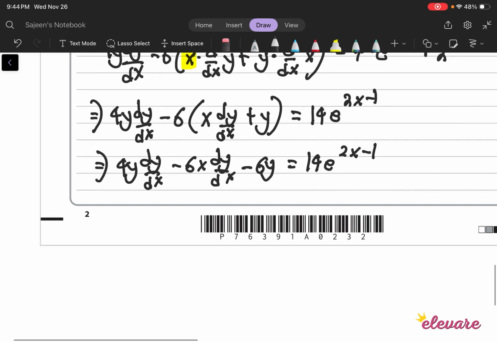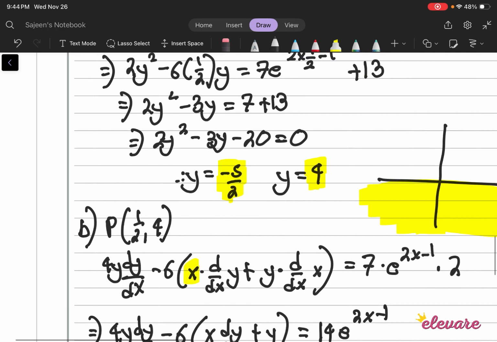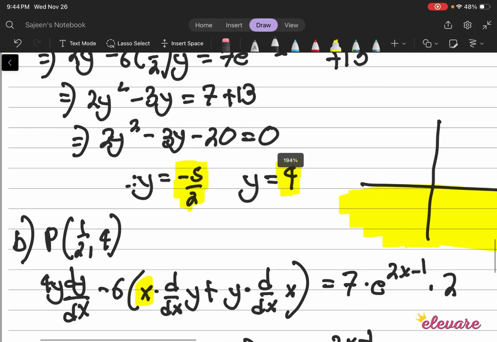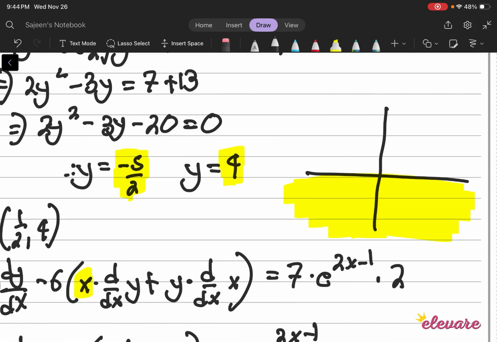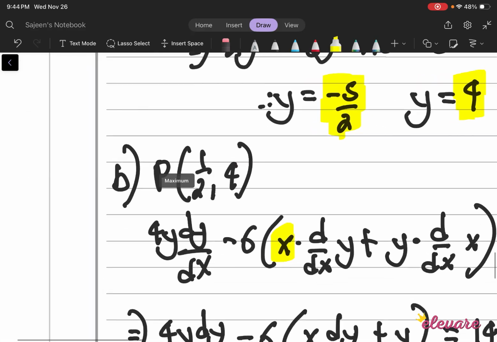Okay, এখন এখানে আমি কি করব? আমার এইখানে y এর coordinate দেওয়া আছে না p এর জন্য, y এর coordinate হচ্ছে আমার 4 and আমার x এর coordinate হচ্ছে আমার half.